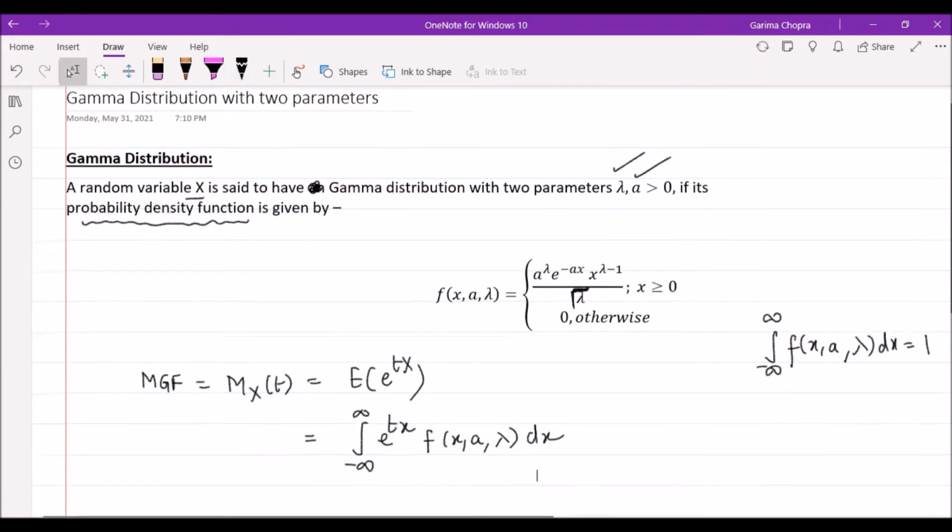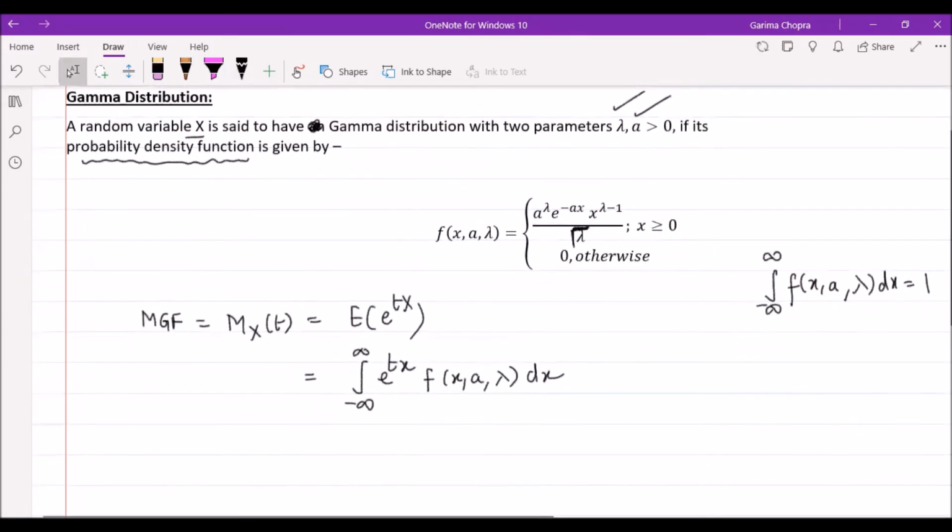This PDF is non-zero for x greater than or equal to 0, so the domain of integration will reduce to 0 to infinity.